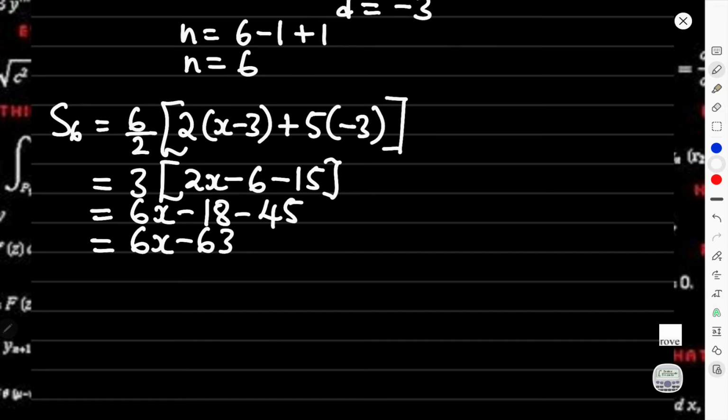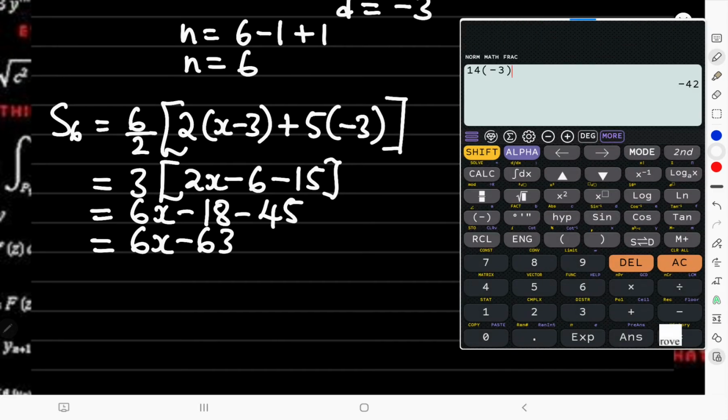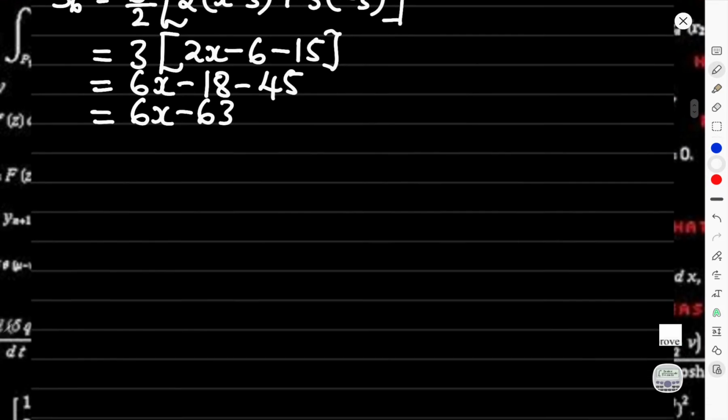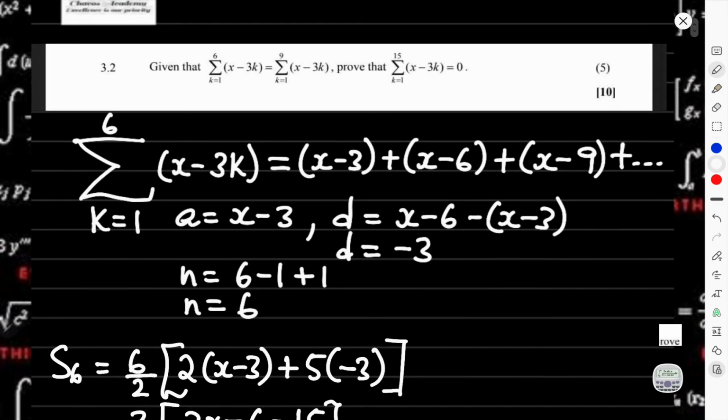Okay, let me confirm that. Negative 18 minus 45 is negative 63. I am correct. Now let's move on to the second one.